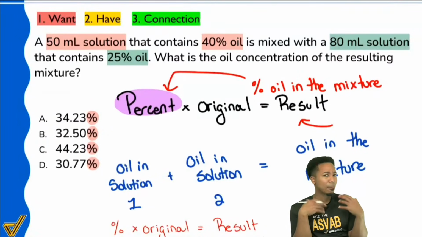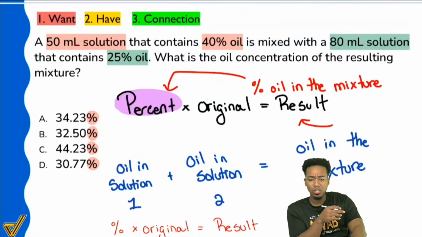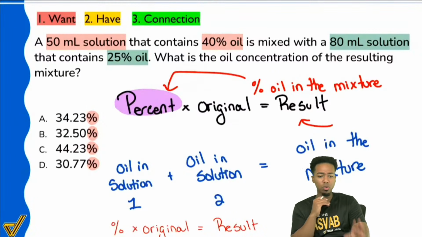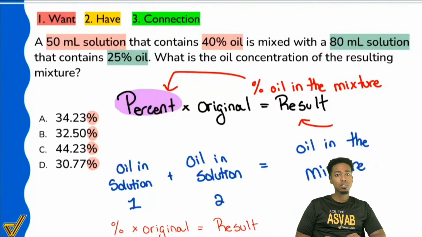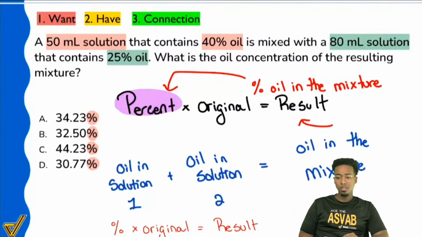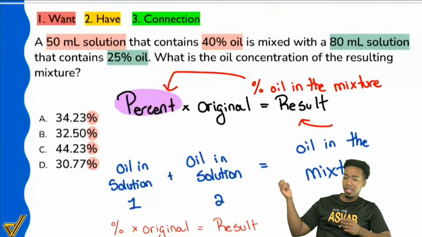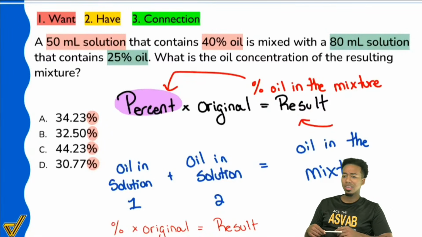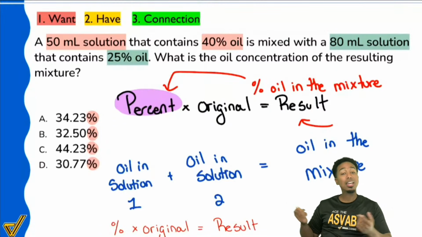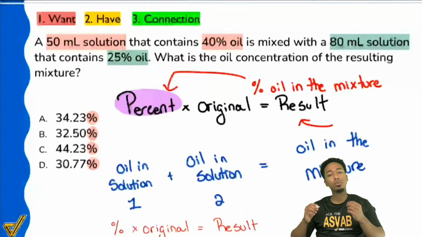Do they give us the amount of that combination? Do they give us anything at all? Did we highlight all the numbers already? Yeah, we already highlighted all the numbers. We highlighted the 50, the 40%, the 80, the 25%. There's nothing else there. And this is the part where so many people get confused.